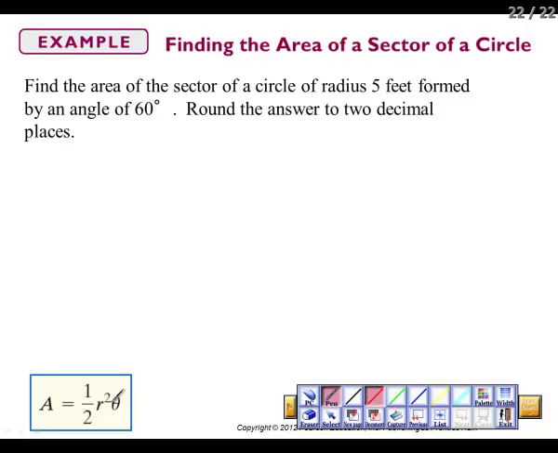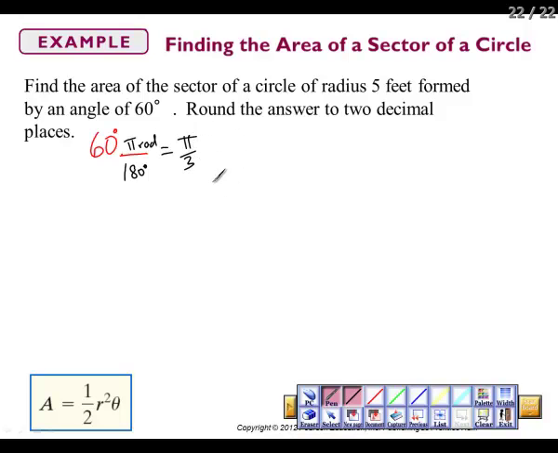Again, we have to convert from degrees to radians. So 60, we already saw before that 60 converts to pi over 3 radians. Well, if you had to write the conversion out, you could do that: 180 degrees, pi radians, and we get pi over 3.